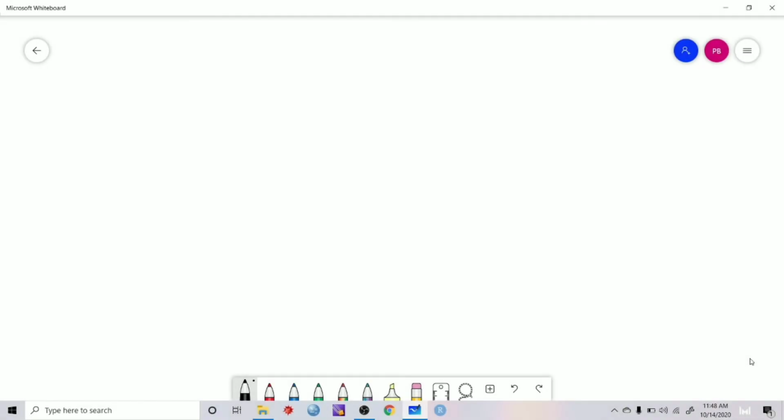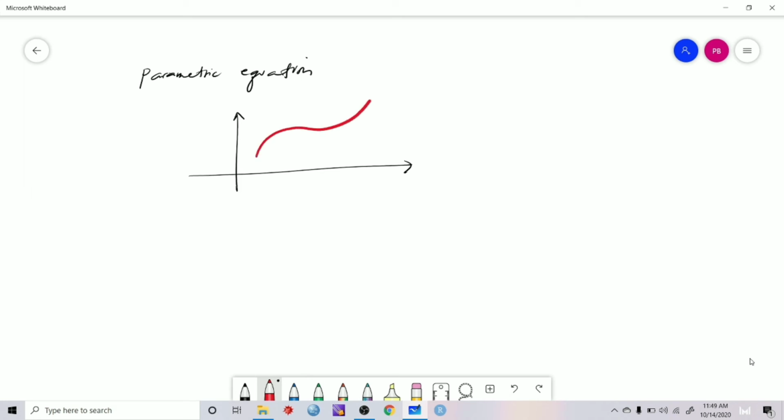Alright, so now I can introduce to you the idea of a parametric equation. Let's say we have a function that lies in R2.